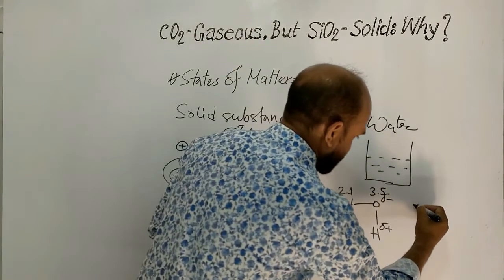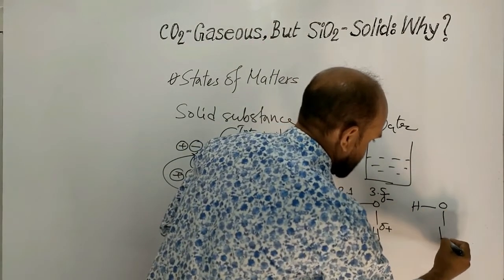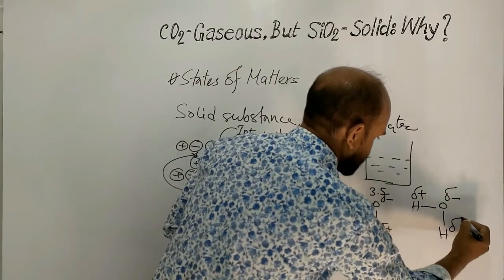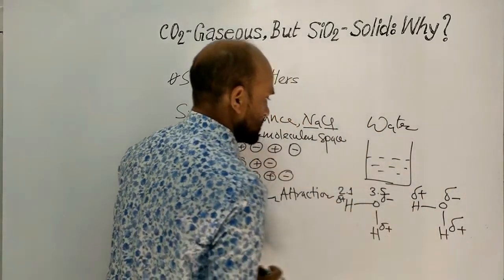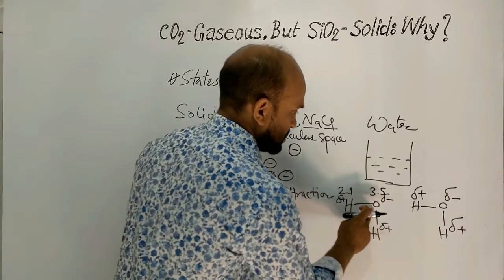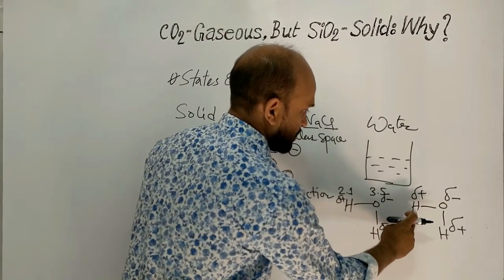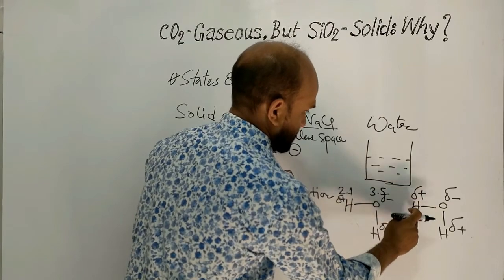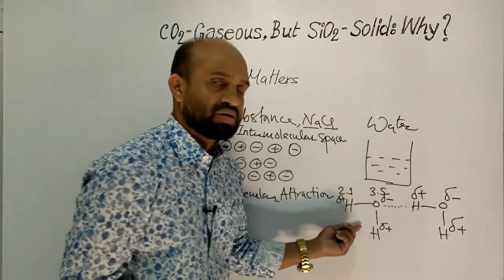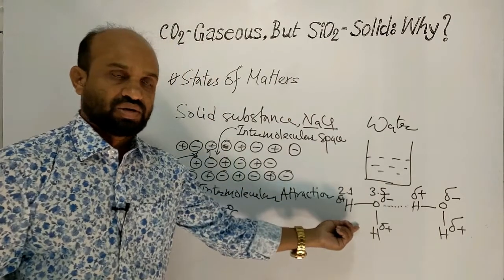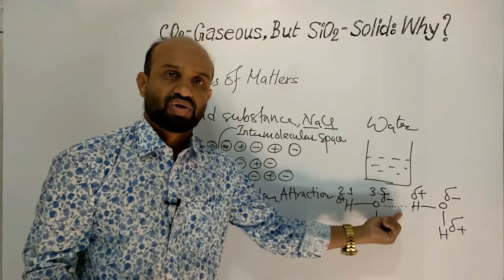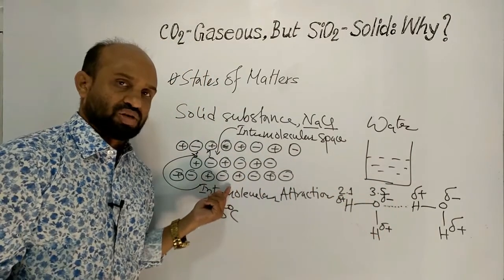Another molecule of water: this is negatively charged, this is positively charged. The negative end of one molecule of water attracts the positive end of another molecule of water. An attraction is developed among the water molecules, but this attraction is not as strong as in sodium chloride.